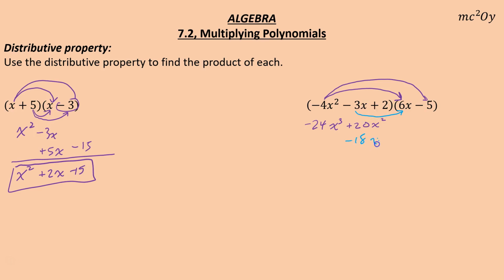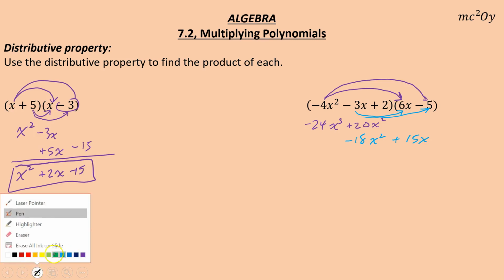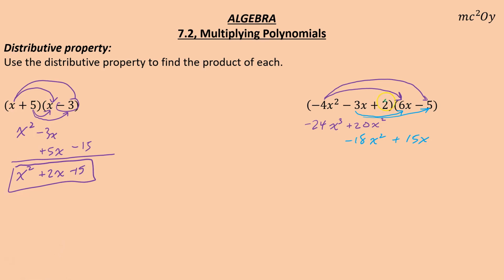And x times x is x squared. And then negative 3 times negative 5x is positive 15x. And then it gets a little messy. Then I go 2 times 6 is 12, and that's x. And positive 2 times negative 5 is negative 10.